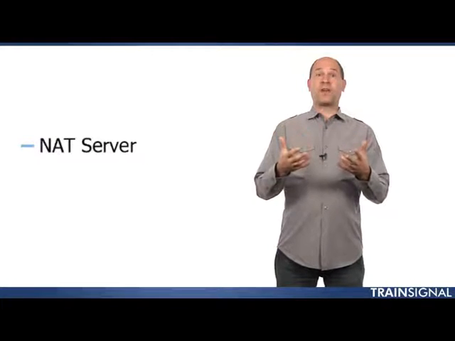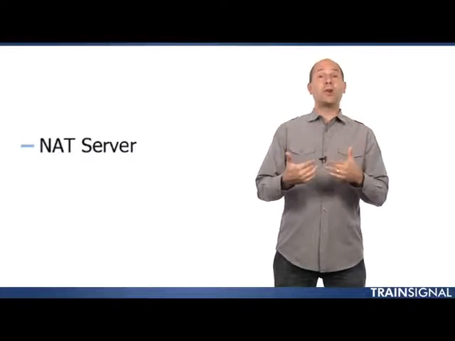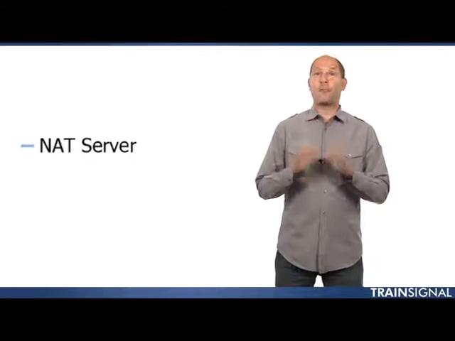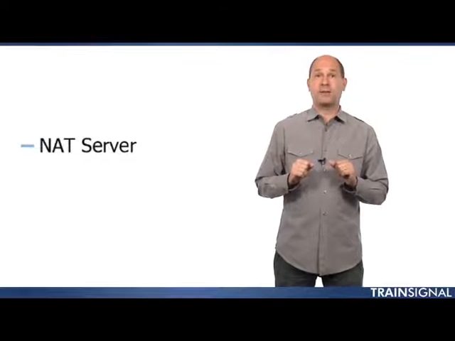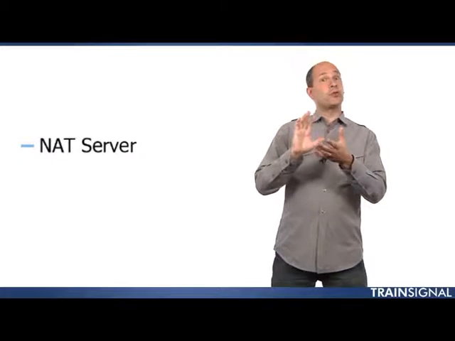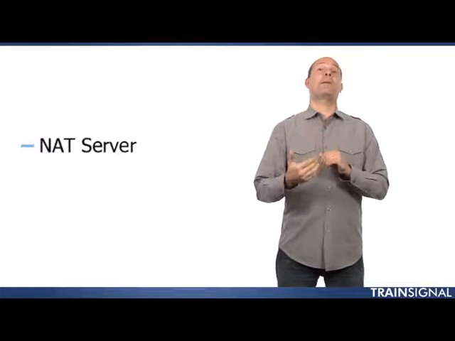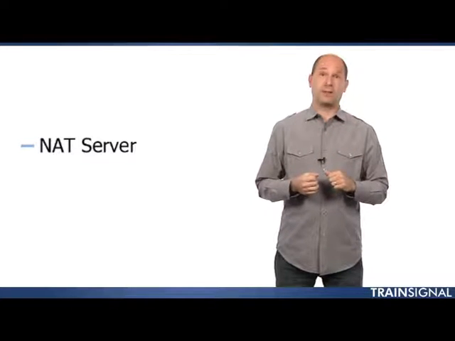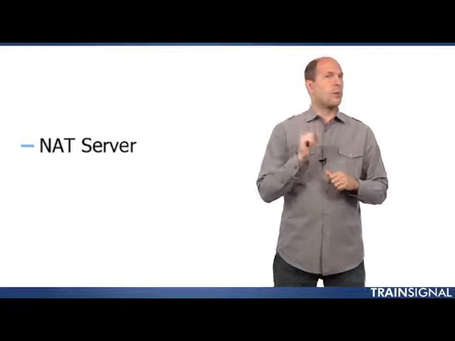To be more specific, it allows your internal end users to have private IP addresses, ones that are not valid on the internet, and it will perform that address translation out to a public IP address to get your users out onto the internet. So that's purpose number 1.